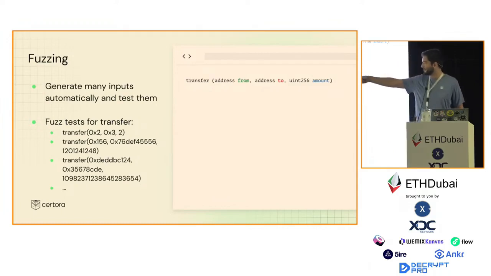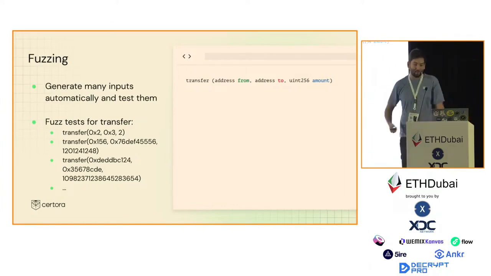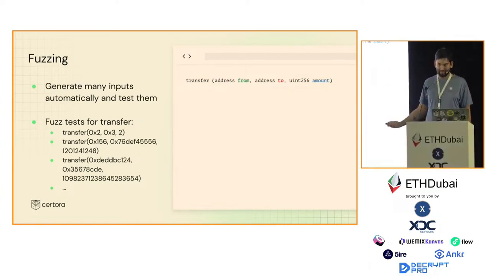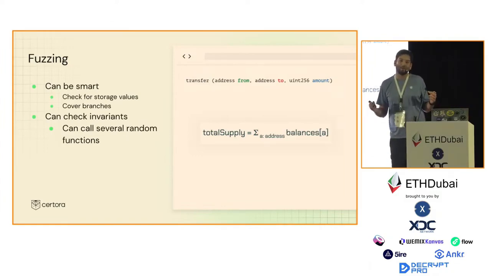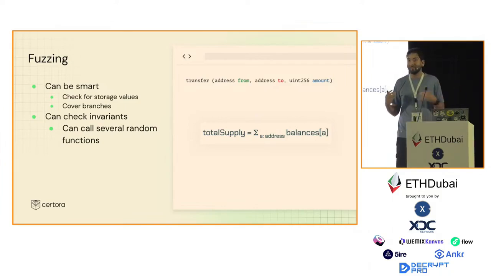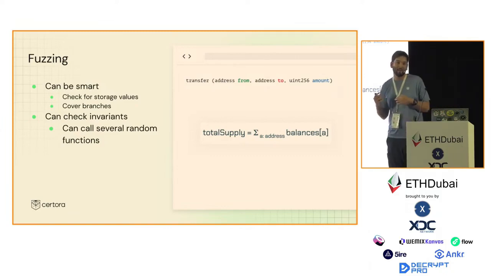There are some examples here on the screen. It's just inputs that may look completely random to a human. However, in practice, they rarely are truly random. Fuzzers are always smart to some degree. The inputs are not truly random.